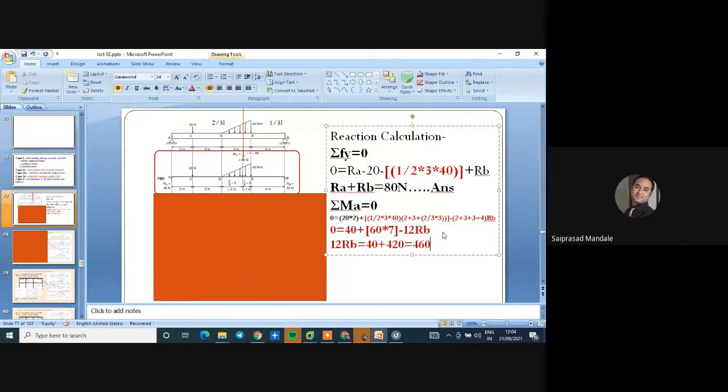Then 460 divided by 12 is 38.33. So RB is equal to 38.33. Let me check, because here is a different answer and whatever we have calculated is different. Let me check.